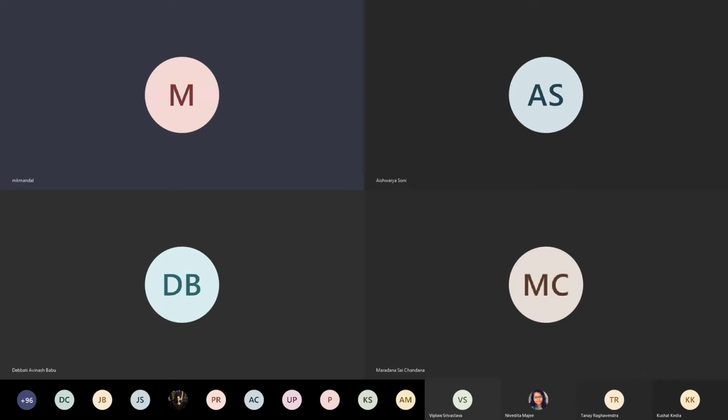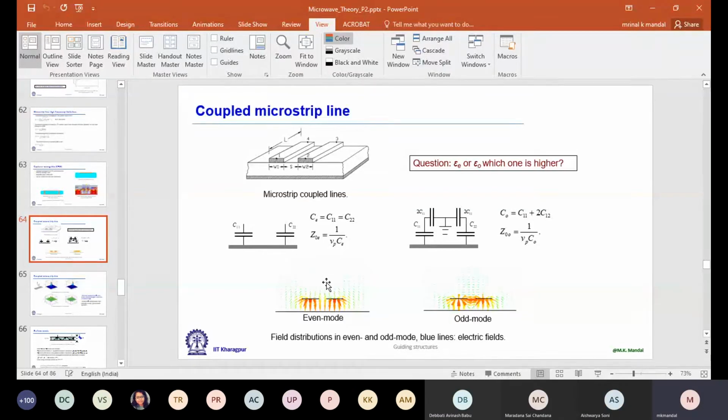So why it happens, if I go back and look at the field distribution, it happens because of the presence of air. It becomes an inhomogeneous structure, with one component in air and another part inside the dielectric material.